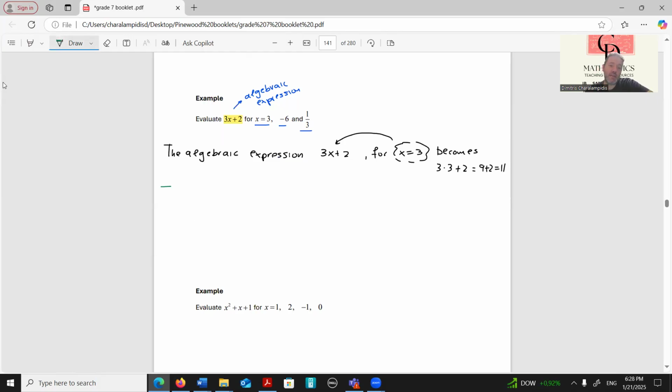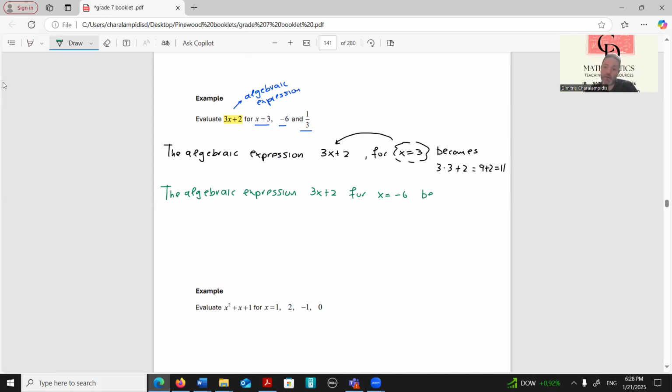Similarly, the algebraic expression 3x plus 2 for x equals negative 6 this time. The number with which we substitute could be any number.